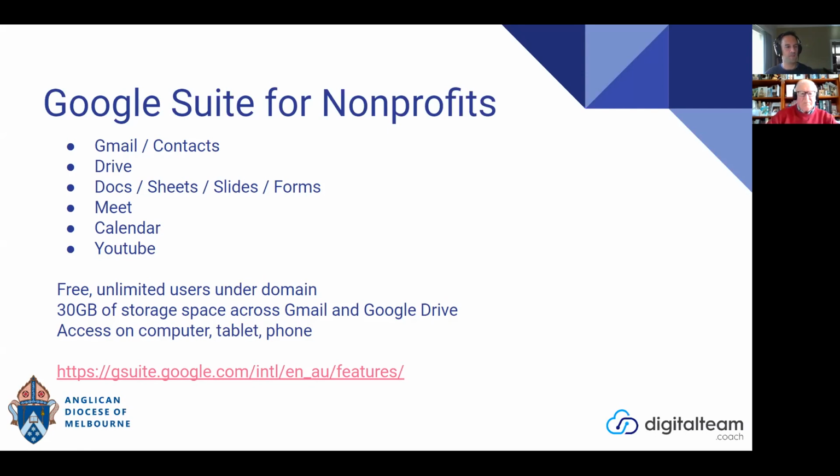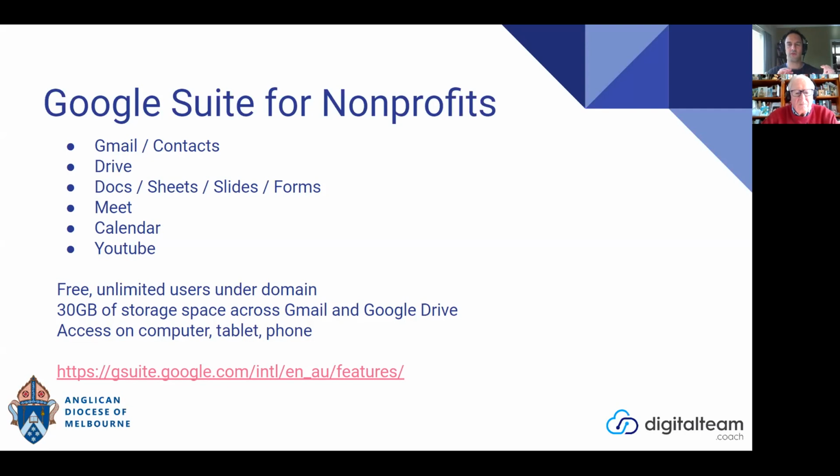The main applications in the suite, which I use all the time, are Gmail, which is your email component, and Google Contacts, and all these apps integrate with each other. So you've got your contacts, like an address list of everybody. Google Drive is your file storage system. Google Docs is basically the equivalent to Microsoft Word. Google Sheets is the equivalent to Microsoft Excel.